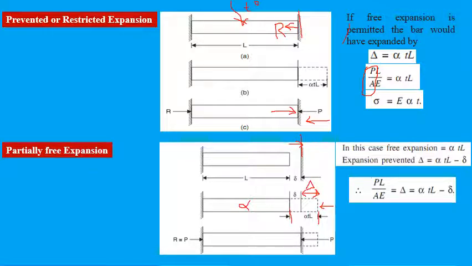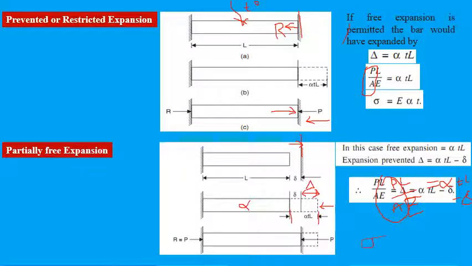So delta can be written as PL by AE, which is equal to alpha TL minus delta. Using this equation we can calculate the stress value because P by A is the stress.